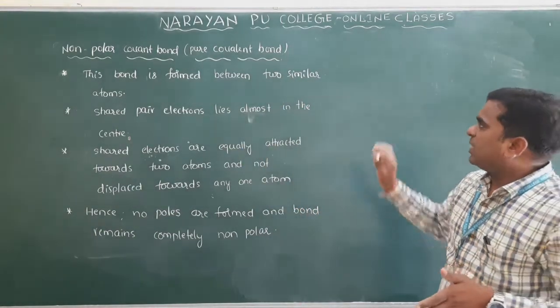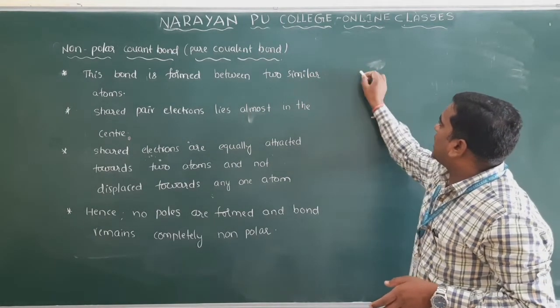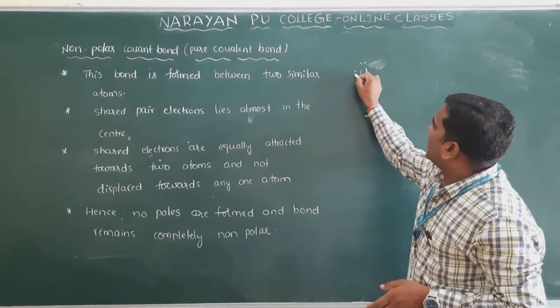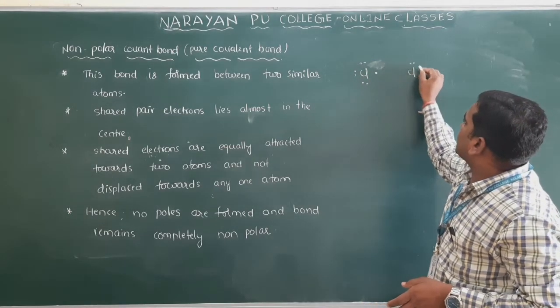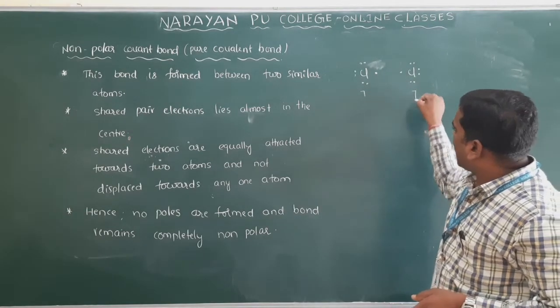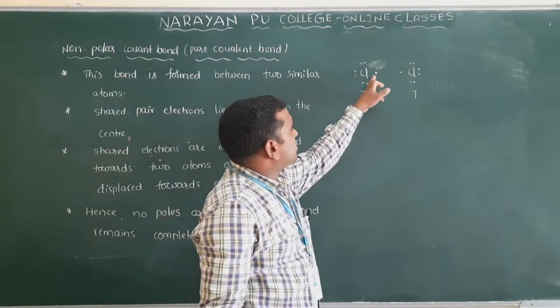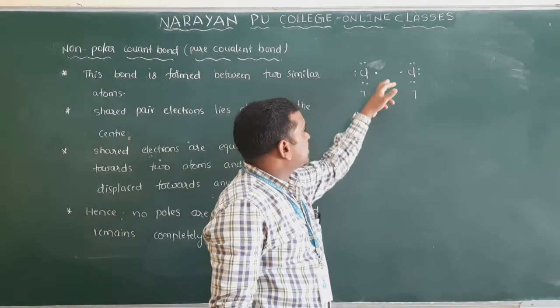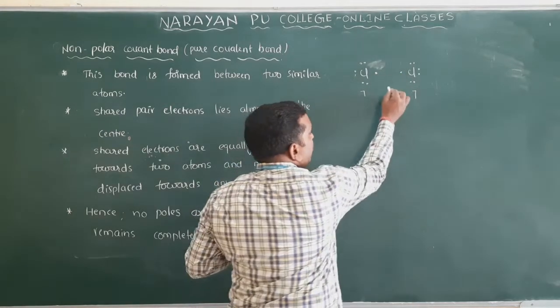So what does it mean? I will write hydrogen or chlorine here. Chlorine has one electron to share, and this chlorine also has one electron. How many valence electrons? 7 and 7. If one needs one electron, it gives one, and the other also, and both will share.